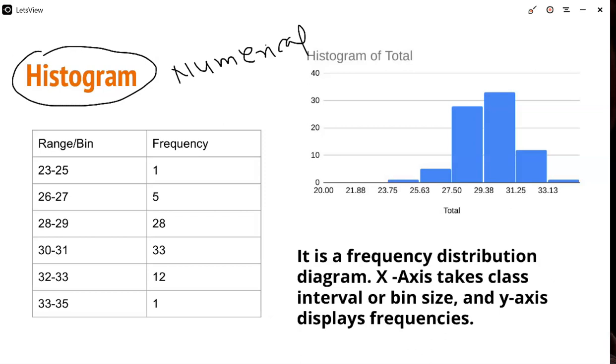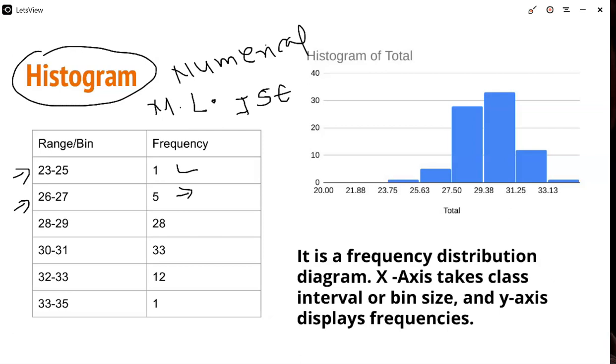Now here, these are the marks secured by previous year students in the course on machine learning for the internal assessment. The number of students that scored marks in the range between 23 and 25 is 1. Between 26 and 27, 5 students scored marks.